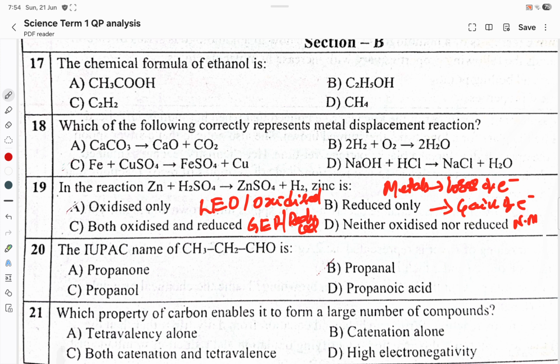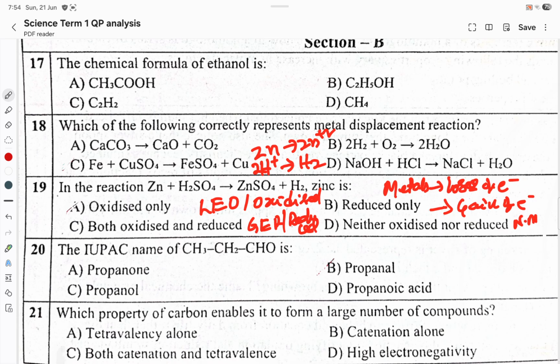Zinc, by losing electrons, becomes Zn2+, and 2 hydrogen ions, on receiving electrons, become H2. One is losing electrons, the other is gaining electrons. The one which loses electrons is said to be oxidized, and the one which receives electrons is said to be reduced.